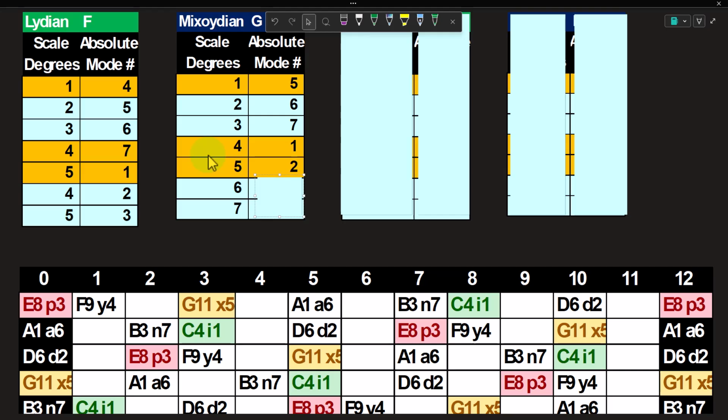Because the 1, 4, 5 are no longer the major chords. It's going to be the Mixolydian that builds a major chord, and then the 4 is representing the Ionian, which is a major chord, but the 5 is the 2, which is the Dorian, which is a minor chord, right?